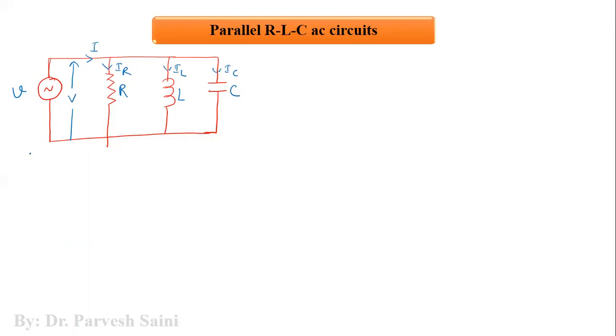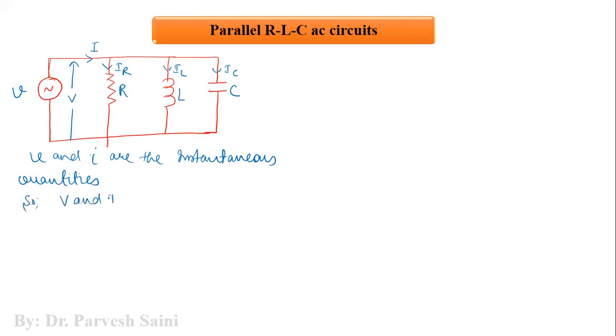So small v and i are the instantaneous quantities, right? And capital V and I are the RMS values of V and I respectively, right?